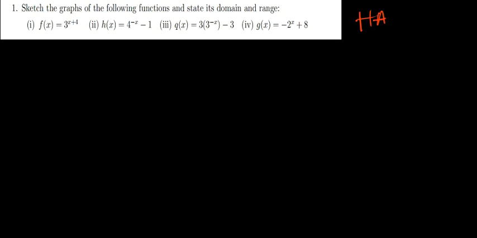Horizontal asymptote, it cuts at y. Y is equal to that number that we're going to be finding. Okay, but sometimes you might be wondering, how can you know that this is an exponential? An exponential function is either written as e to the power x, e to the power something, or a number to the power something.